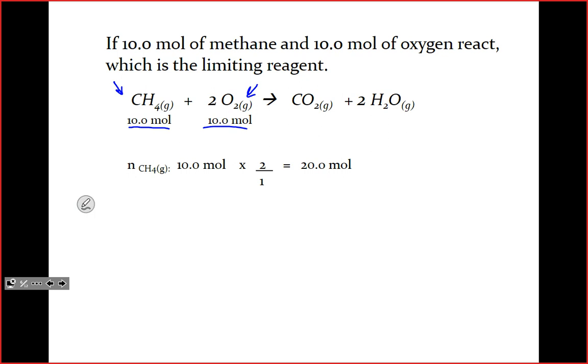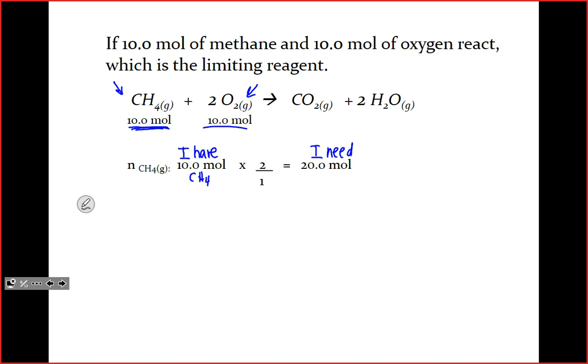We agree that I have 10 moles of methane. I want to know how much oxygen I need. So if I have 10 moles of methane, I'm going to use my molar ratio.